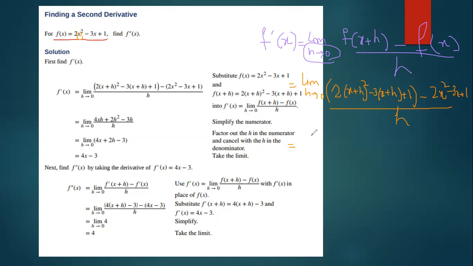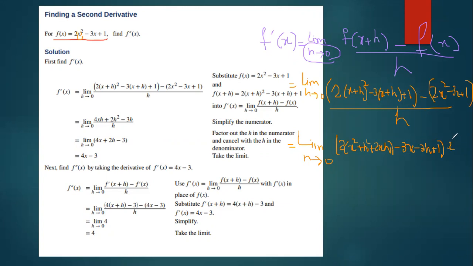So for this, I have to write that limit h approaches to 0 of 2 into a square plus b square plus 2ab, minus 3 of x, minus 3 of h, plus 1, minus this function value.